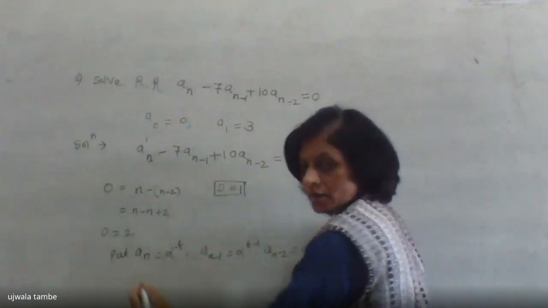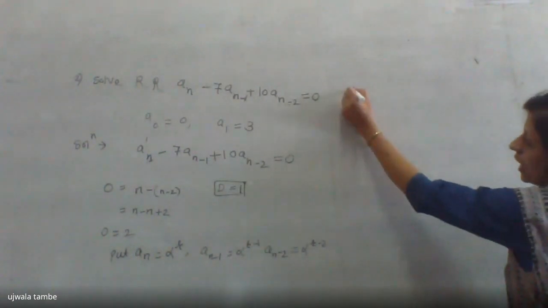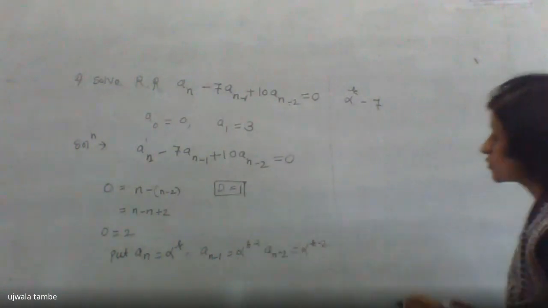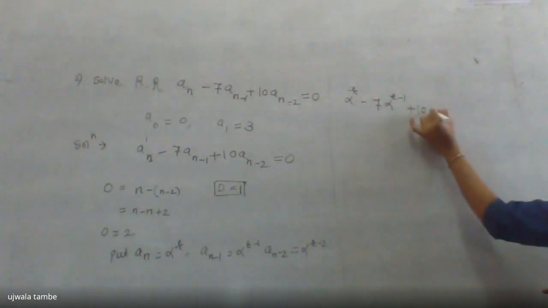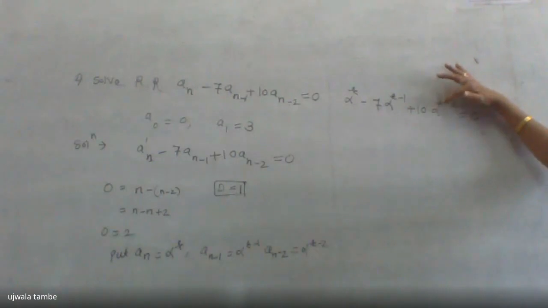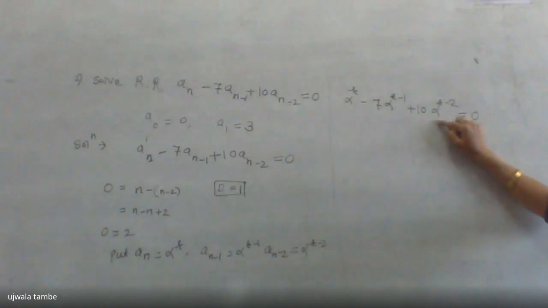So alpha raised to r minus 7 alpha raised to r minus 1 plus 10 alpha raised to r minus 2 is equal to 0. Here, the lowest term is alpha raised to r minus 2, so we divide throughout by the lowest term, alpha raised to r minus 2.